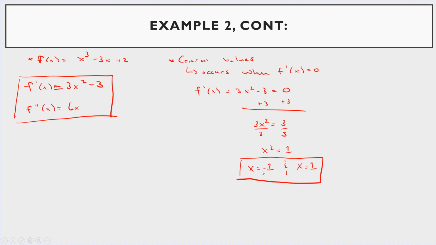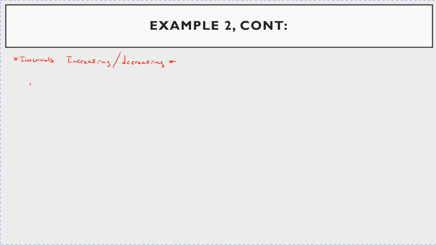So we're going to use our critical values, -1 and 1, to break up the number line for the intervals we have. So we're going to go from -infinity to our first critical value. We're going to go from -1 to 1, that in-between interval. And then we're going to go from 1 to infinity.